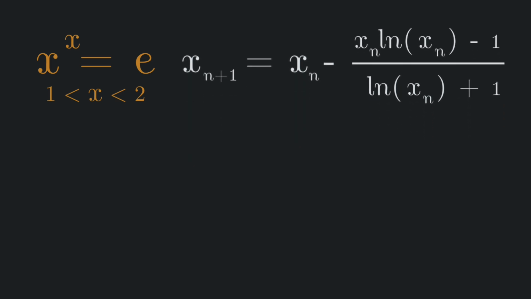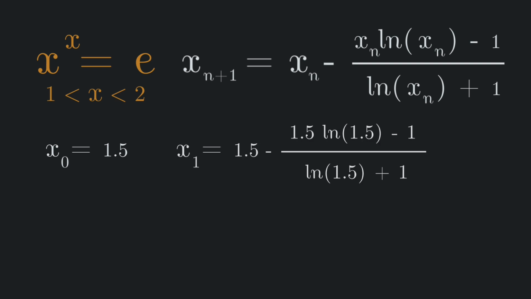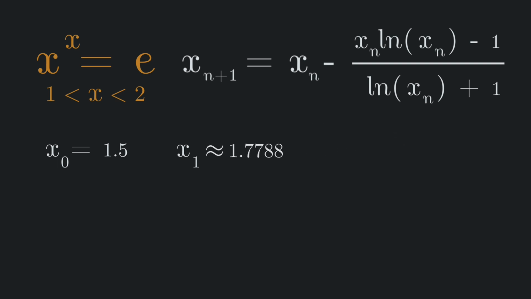Now we need to choose an initial guess for x, what we call x sub 0. Let's pick 1.5 as our starting value. By plugging 1.5 into the formula, we get x sub 1, which is approximately 1.7788.